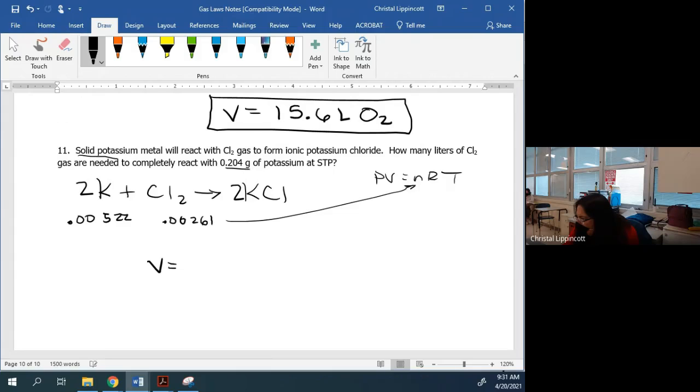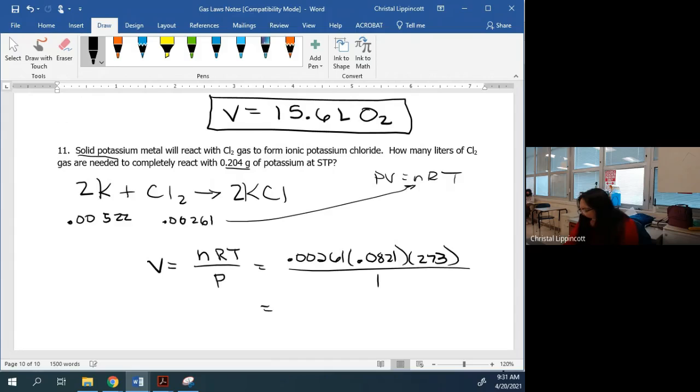So volume is going to equal nRT over P. It's at STP, so this is going to be 273. And I'm going to make my pressure 1 because I used atm. So take that times 0.0821 times 273, and I get 0.0585 liters of Cl2. Is that what you got? Okay, perfect.